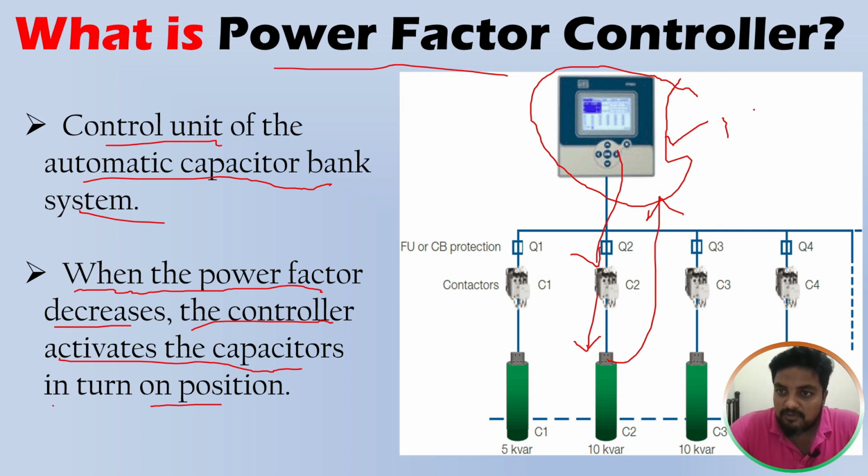Based on the power factor requirement, when the power factor decreases, this controller will decide how many capacitors have to be activated, and which have to be turned off. This is automatically controlled by the power factor controller. That's why we call the power factor controller the brain of the capacitor bank.